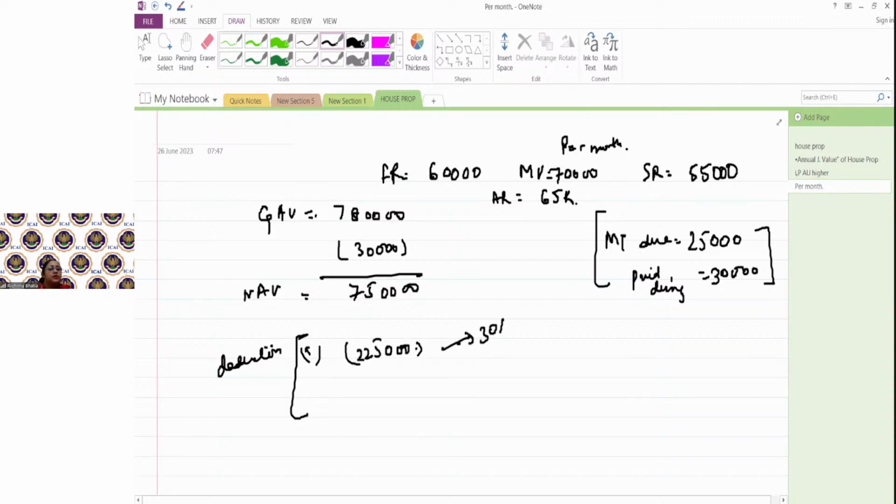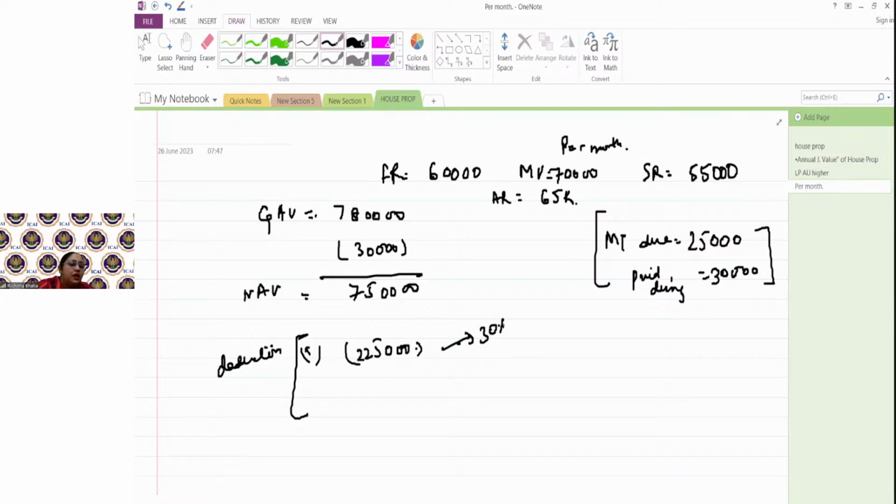This 30% is the deduction given assuming a house property may have repairs which can be going on by the owner. There can be a small construction, not full construction, but a small construction which is going on. There can be maintenance which is being paid. There can be some depreciation. There can be insurance which you are paying for the property.